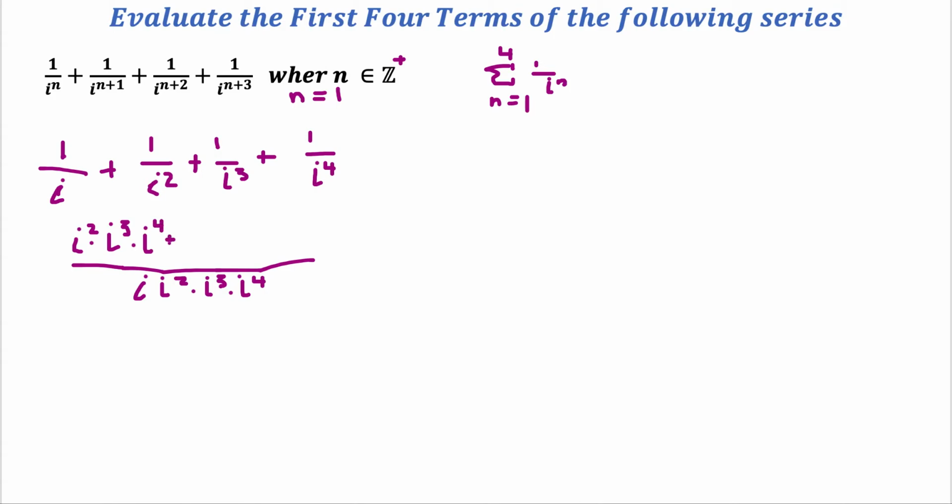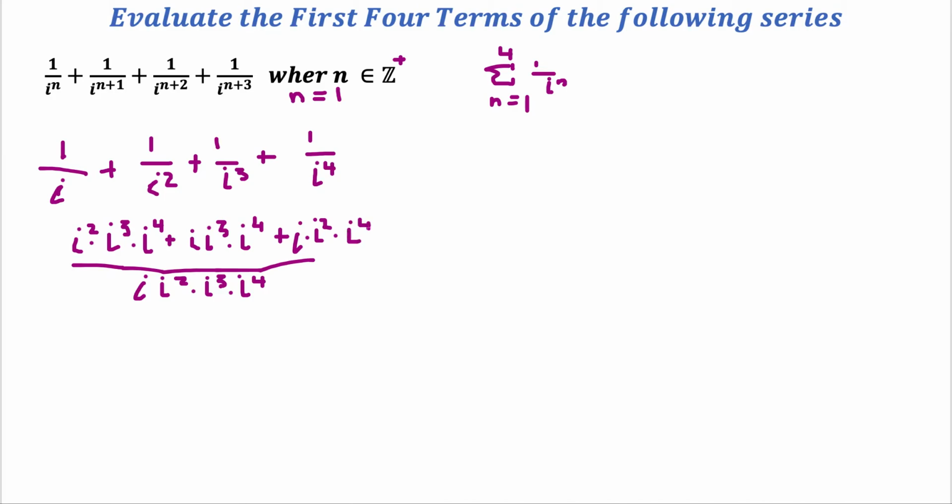Plus in the second term, we can write i times i to the exponent 3 times i to the exponent 4, plus here we can write i, so we are just excluding i cubed from the top to make it a little easier, times i to the exponent 4.